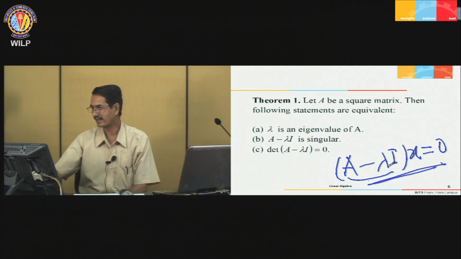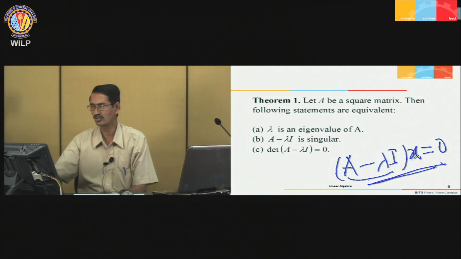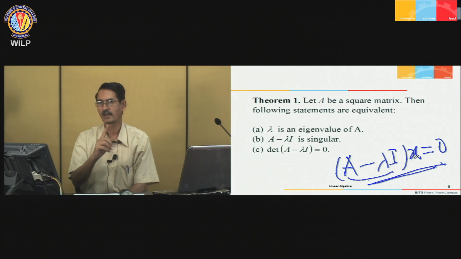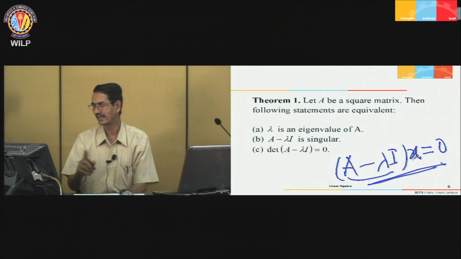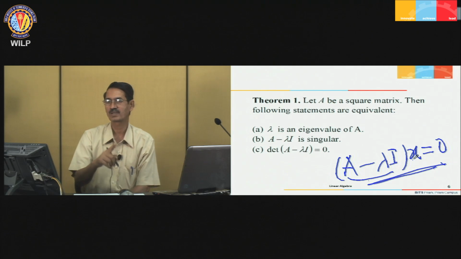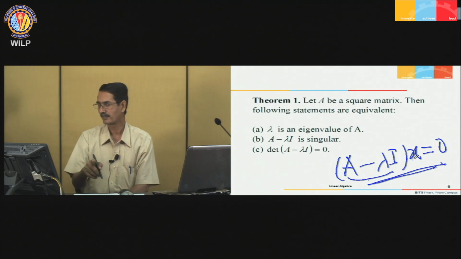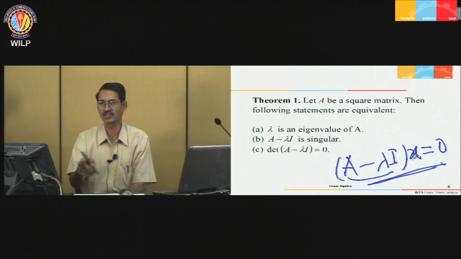So look at here, (A minus lambda I)x is equal to 0, we are looking for a non-trivial solution of this equation, and this equation will have a non-trivial solution in x, that is a non-zero solution, if and only if A minus lambda I is a singular matrix. If A minus lambda I is non-singular, that is, if it is invertible, then x equal to 0 is the only solution.